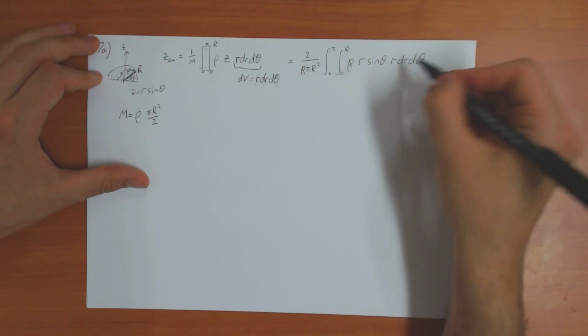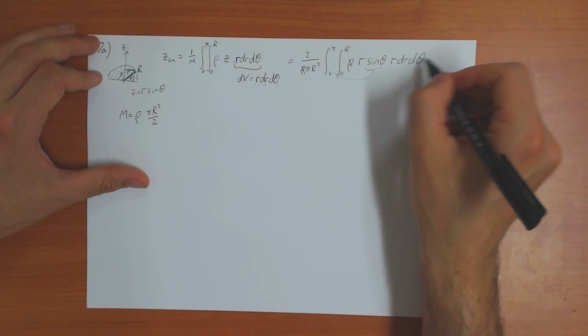The rho's cancel, and you see that the theta integral can be separated from the r integral.